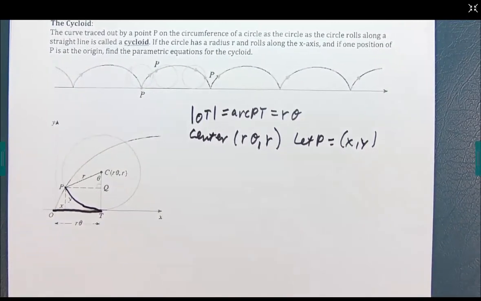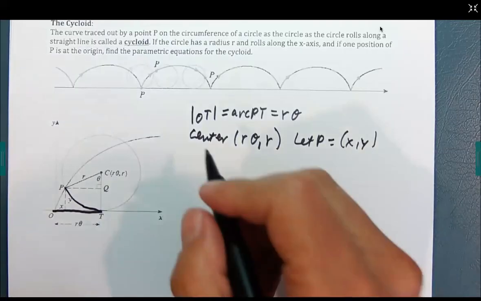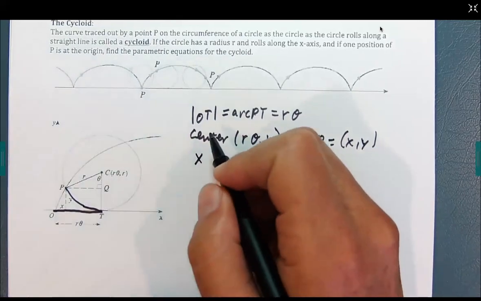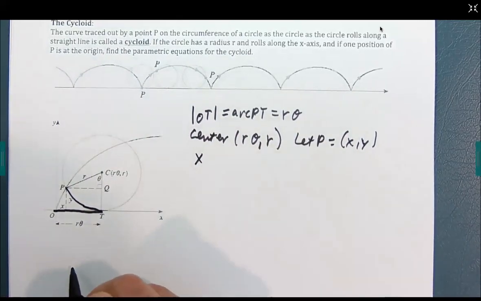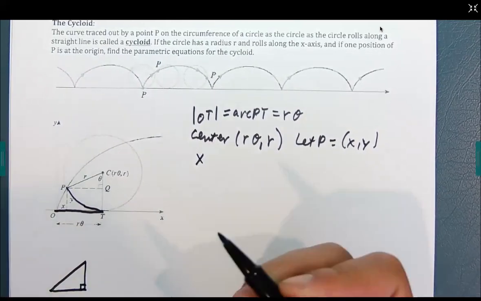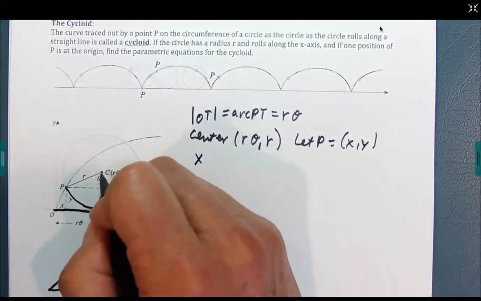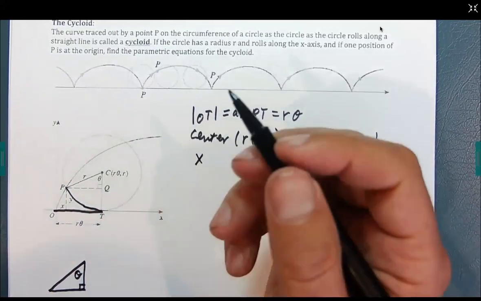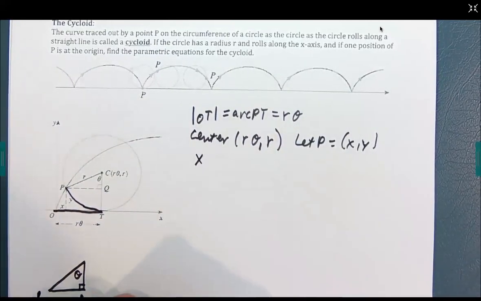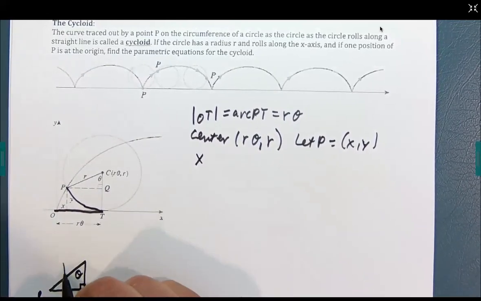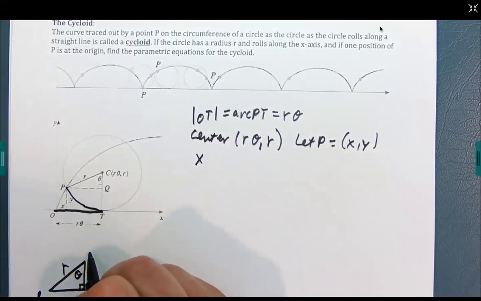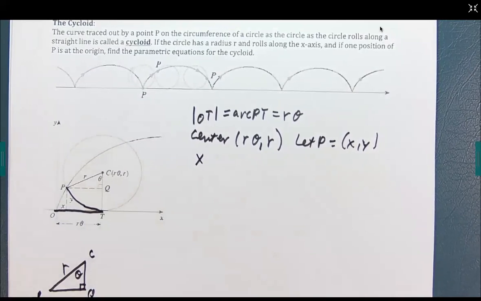All right. So next up, we're going to find x. And before I do that, I want to draw a triangle. And our theta is here. So this is this triangle right here. You can see it here. Theta is there. This is P. This is Q. This is R. And this is C here, our center.